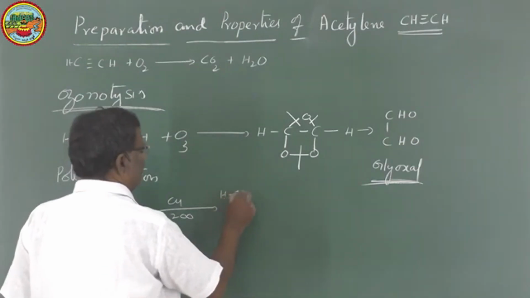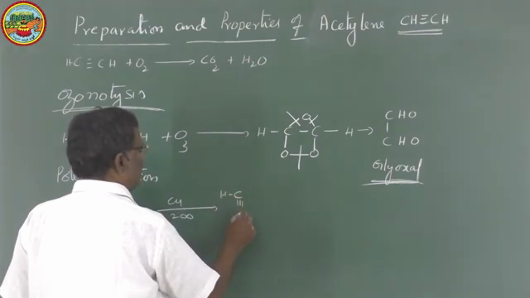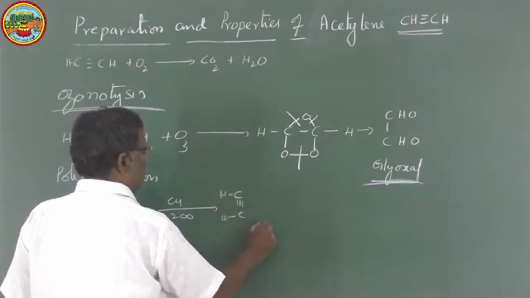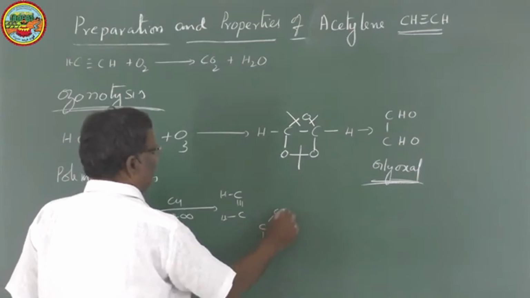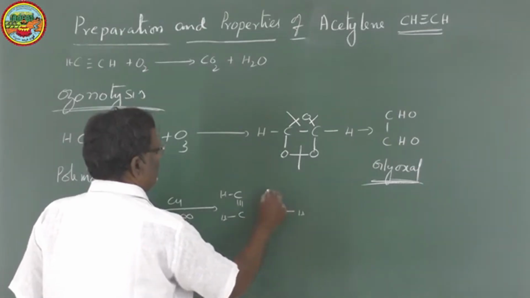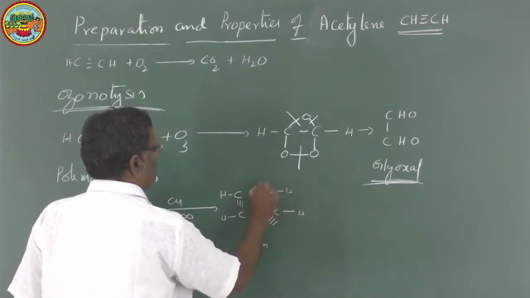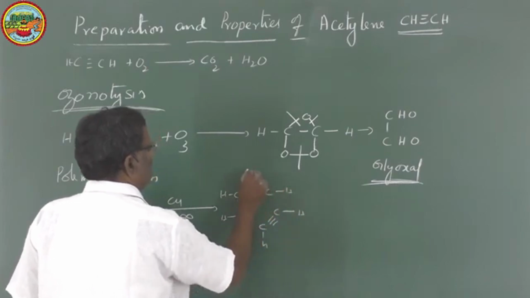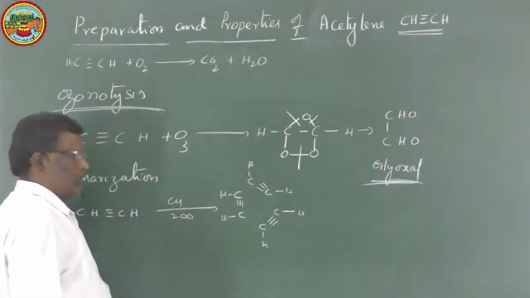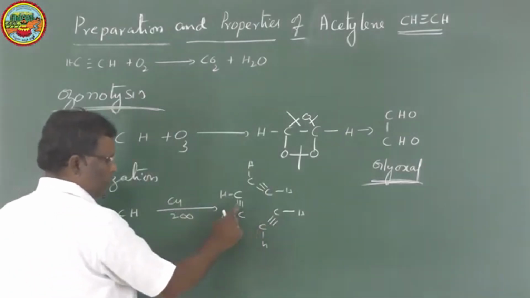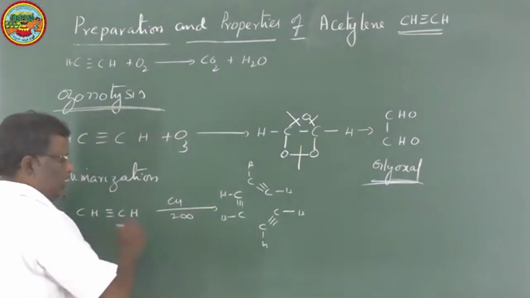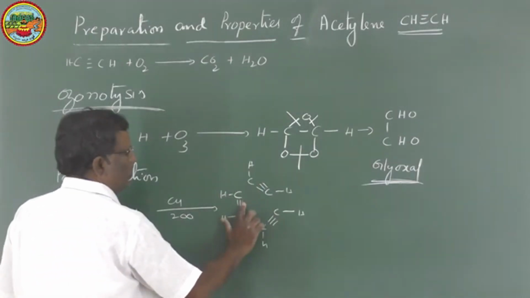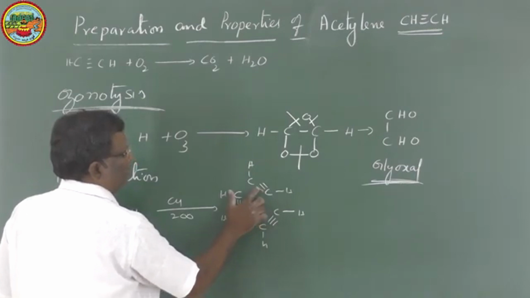This is one acetylene molecule with a triple bond, this is another acetylene molecule with a triple bond between two carbon atoms, and here is one more acetylene molecule with a triple bond. This is 1, 2, 3 acetylene molecules. Now the process is that one pi bond will break.